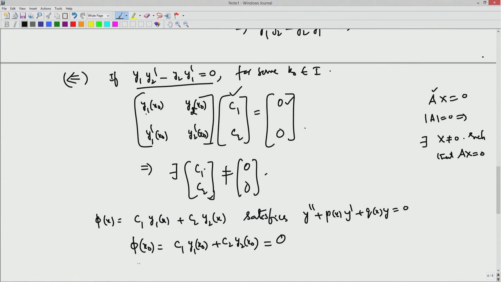Similarly, phi dash at x naught: from phi x, you calculate C1 y1 dash at x plus C2 y2 dash at x. You put x equal to x naught, and this again is the second element, y1 dash into C1 plus y2 dash into C2, which is also 0.